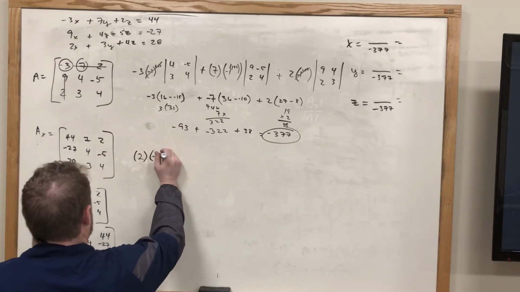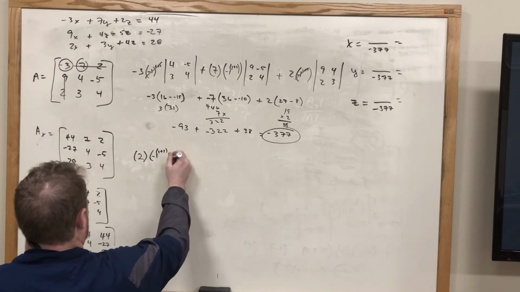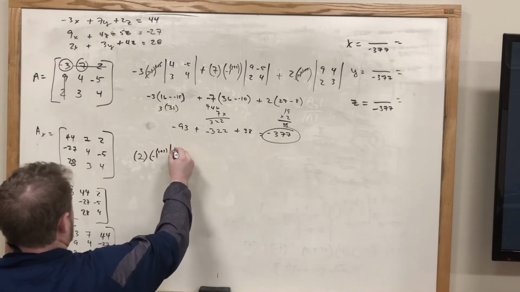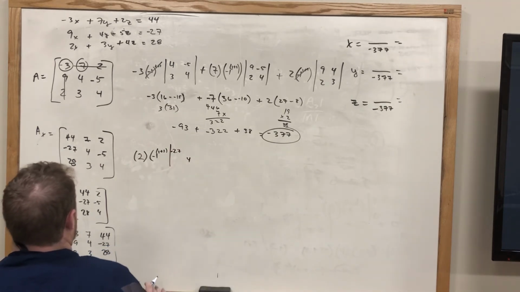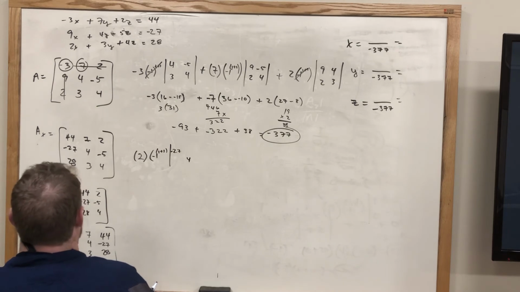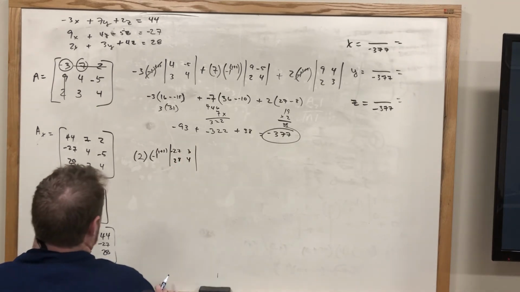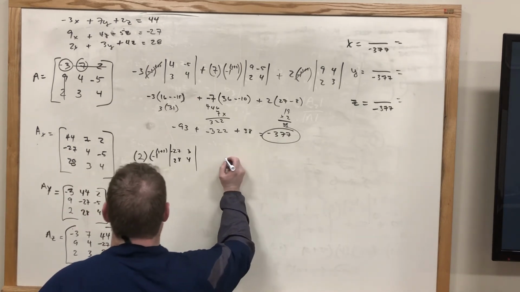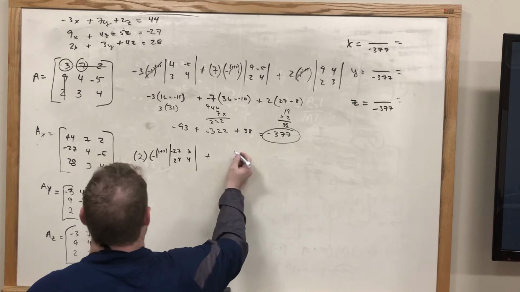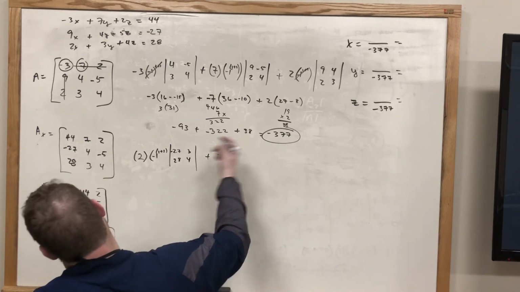2, 1, negative 1 to the 1 plus 3. And it's going to give me negative 27, 4, and 28 and 3. And what we're going to end up with is some pretty big numbers. So plus the next one, negative 5. It depends on what you want to do.